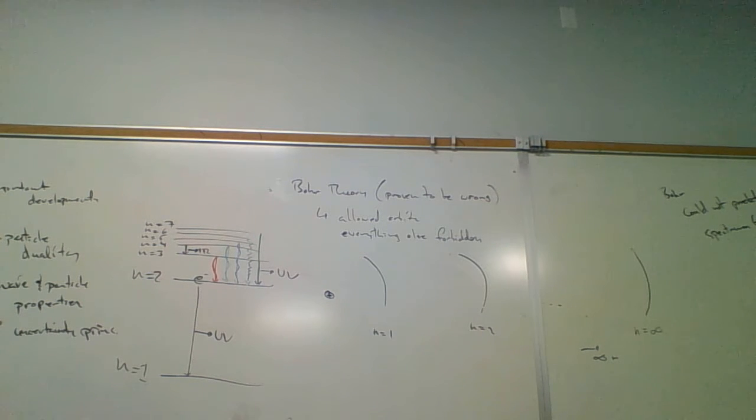Now this is in one dimension. Let's take a look at what this looks like in two dimensions. Okay, so what they did here was they put, this is just a metal plate.